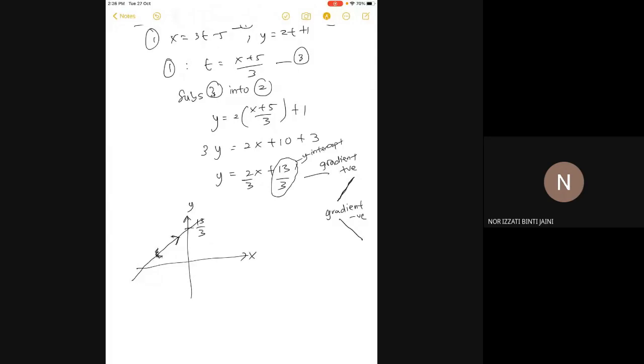Yang ni try try for the orientation. Faham. Carilah t equals to 0, t equals to 1 cukup. Okay, boleh yang bertanya tu.